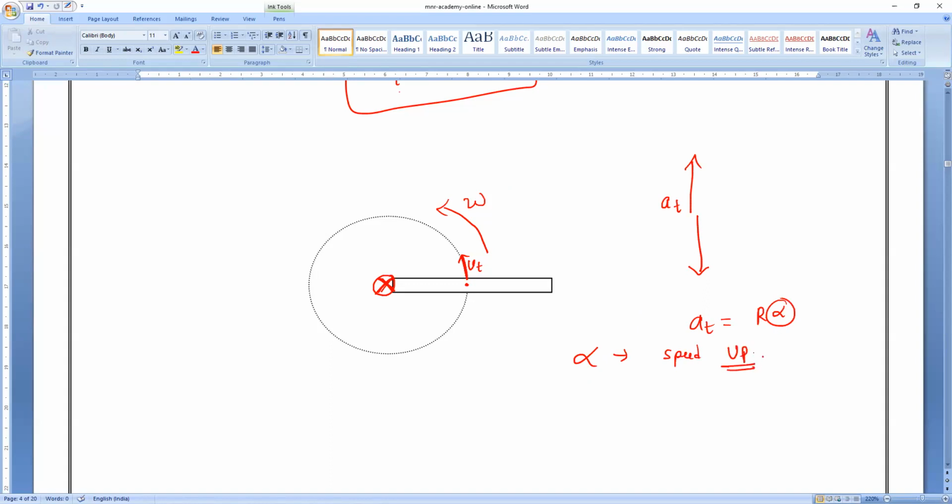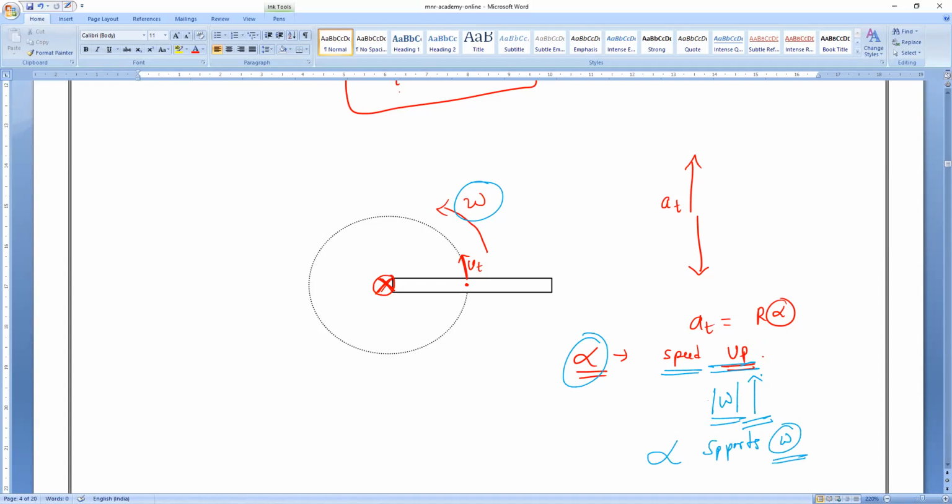Angular velocity will change, the magnitude of angular velocity will increase, so that angular acceleration also speeds up with time. So alpha is supported by angular velocity.